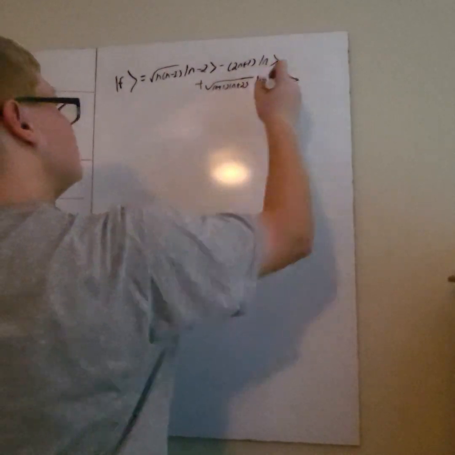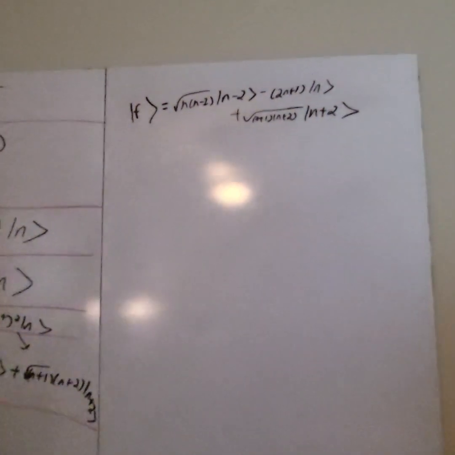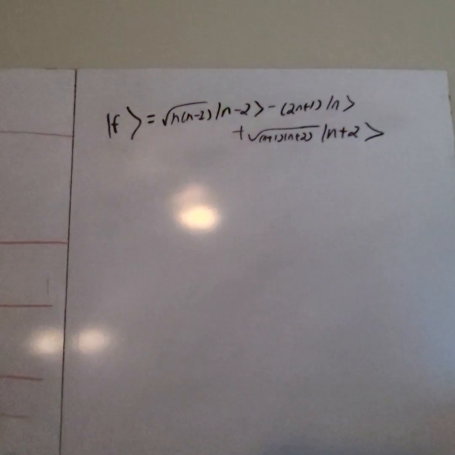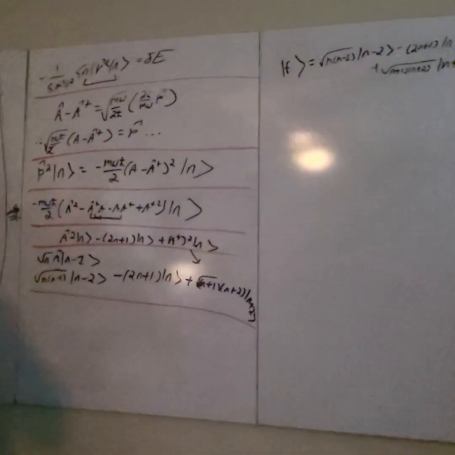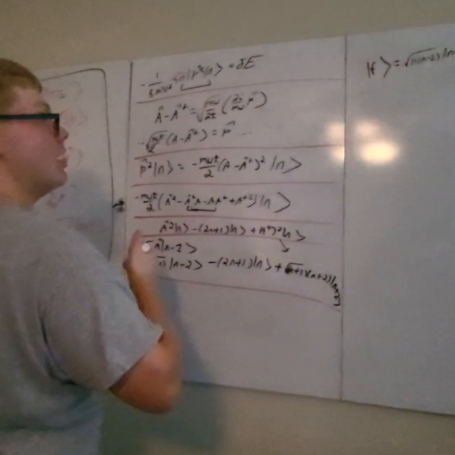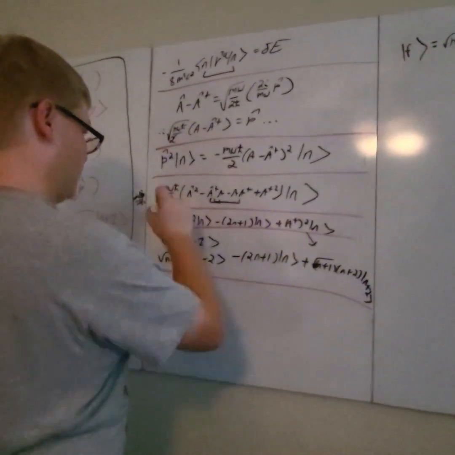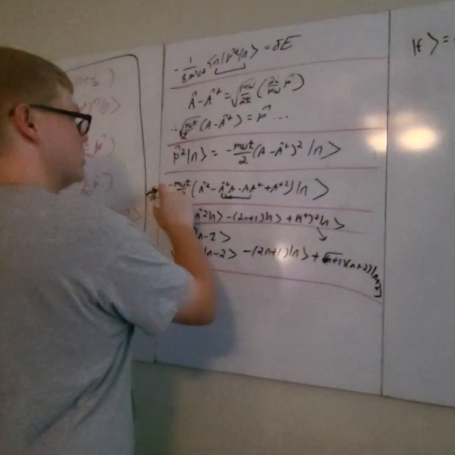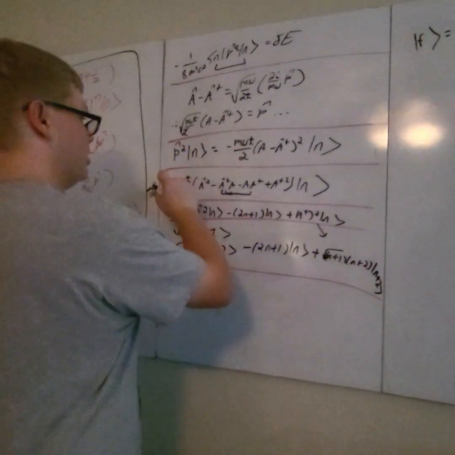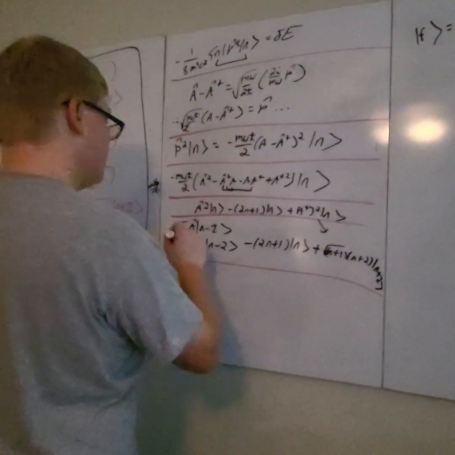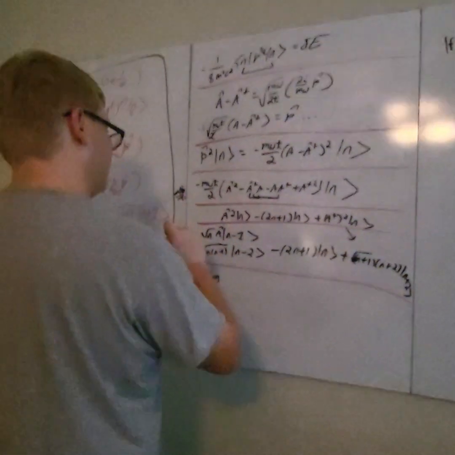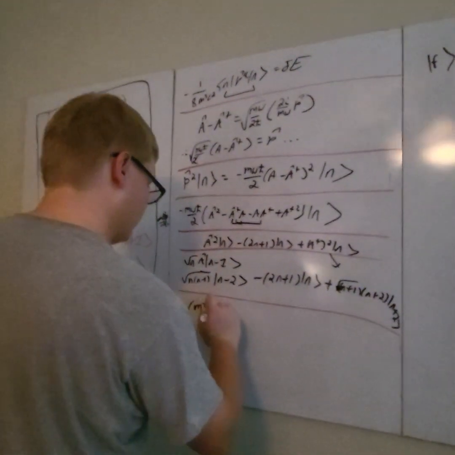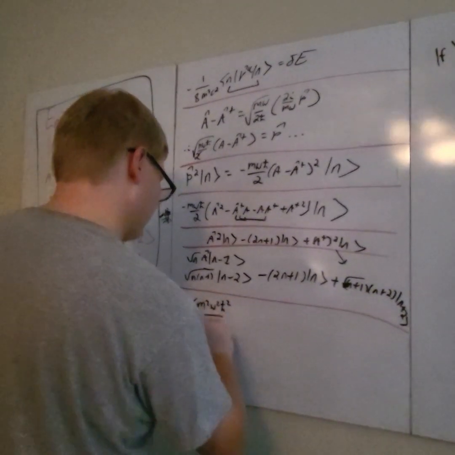Eventually we have to consider that factor of negative mwħ over 2, which will just go to m squared w squared ħ squared over 4.